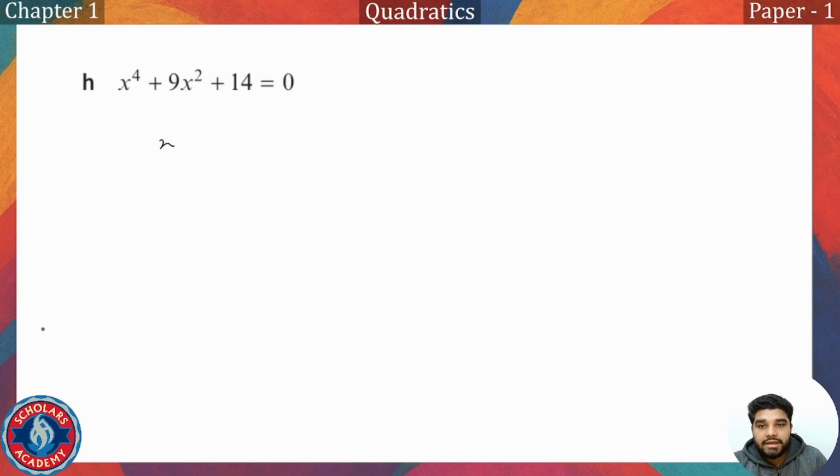So we'll take x square as t. We'll substitute it over here. We get t square plus 9t plus 14 is equal to 0. Now simplifying it, product over here is 14 and sum is 9. So we can take it as t square plus 7t plus 2t plus 14 is equal to 0.